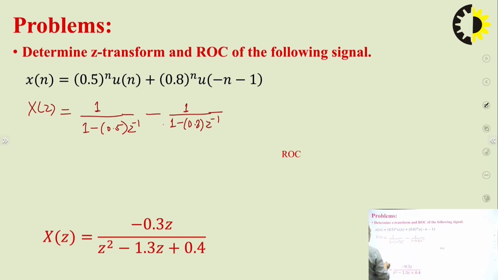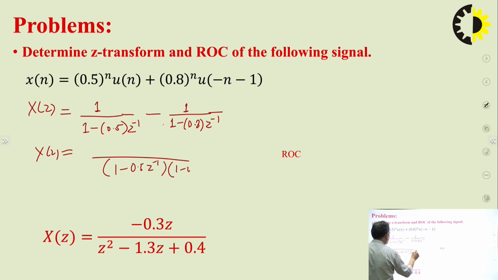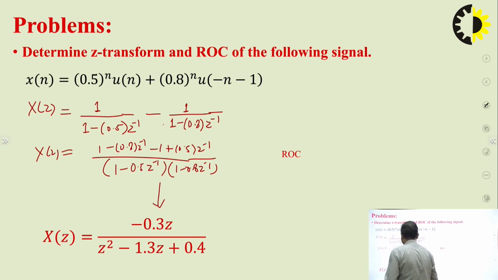If you solve it, you take 0.5 z to the power minus 1 and 1 minus 0.8 z to the power minus 1, the 1s cancel, and finally you get the result at this point.